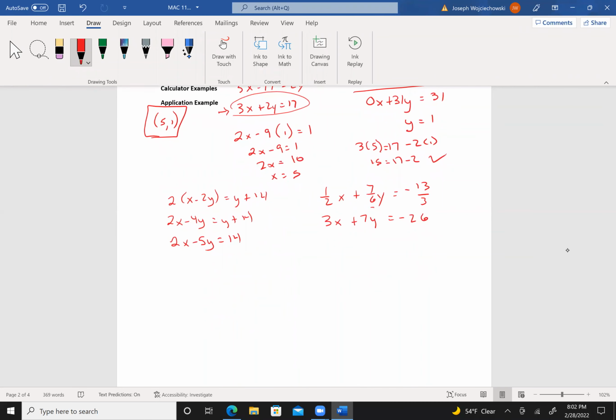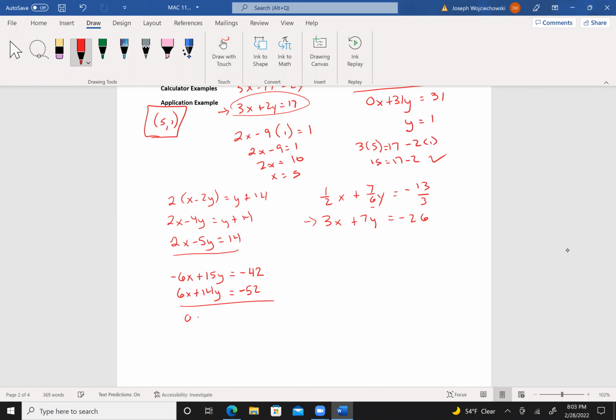So now if I take this and multiply it by -3, I get -6x plus 15y equals -42. And I take this and multiply it by 2. 6x plus 14y equals -52.